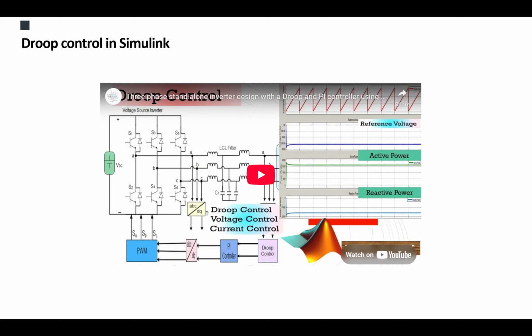It's very good and informative. I know they are a little bit longer videos, more than 30 minutes, and one of them is around 50 minutes. I know it's long, but it's worth watching. It would give you a much better understanding of what's happening in grid forming and in Droop control.